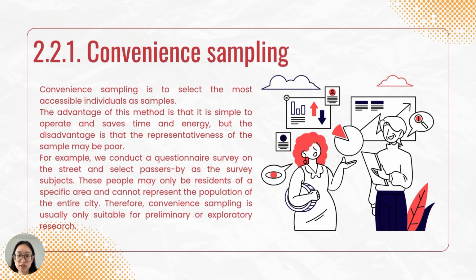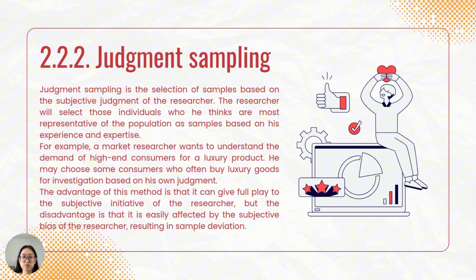For example, we conduct a questionnaire survey on the street and randomly select passersby as survey subjects. This may only reach residents of a specific area and cannot represent the city's resident population. Therefore, convenience sampling is usually only suitable for preliminary research.